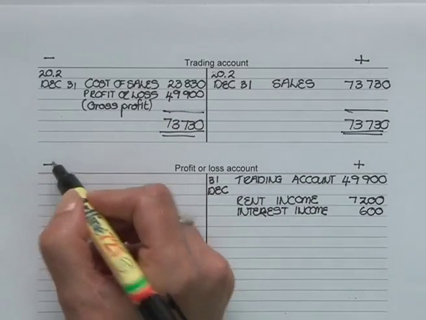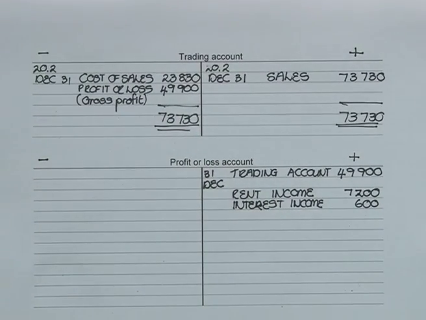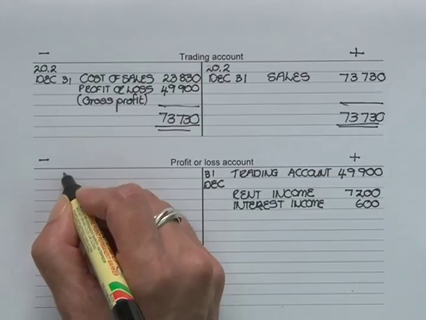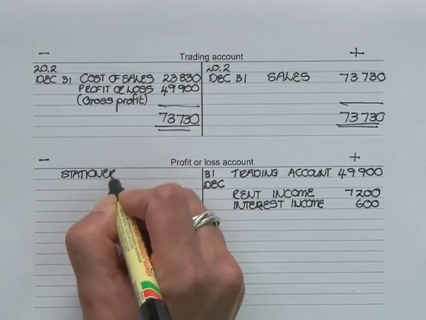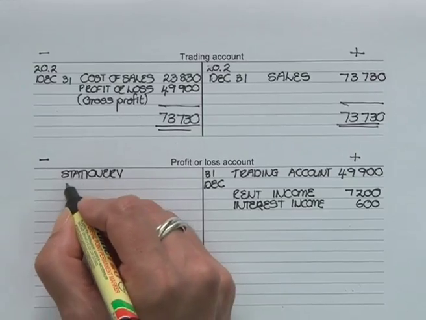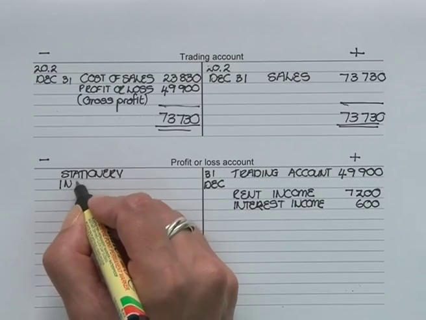And then on the debit side, that's where I list all my expenses, as per my journal entry.